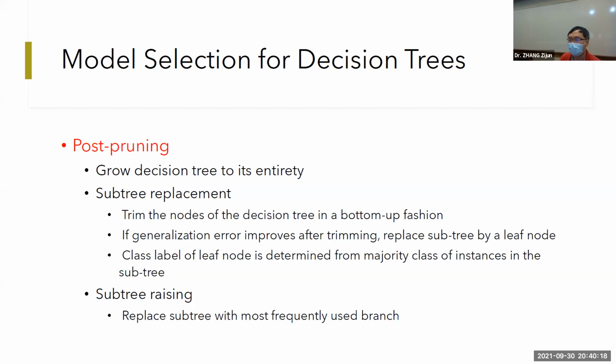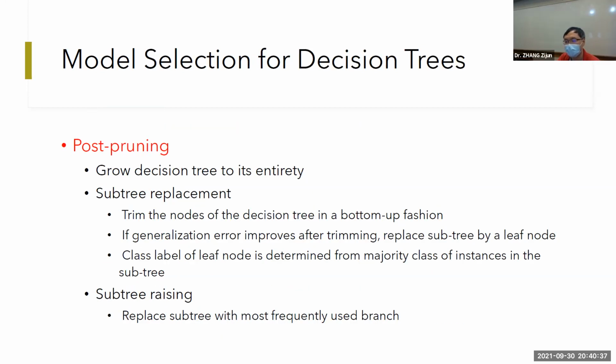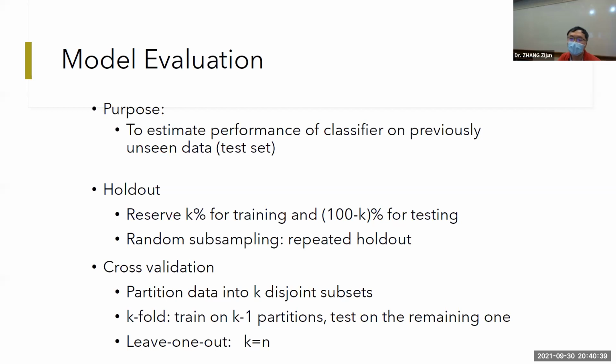Then we will consider whether we can replace some of the subtree with some of our frequently used branches. Just by replacing that subtree with some frequently used branch structure. That could also sometimes help improve the tree, but that is not commonly utilized anyway.